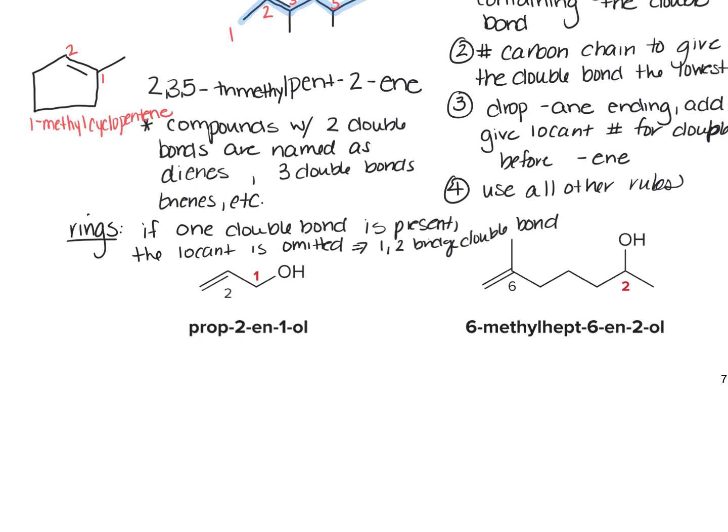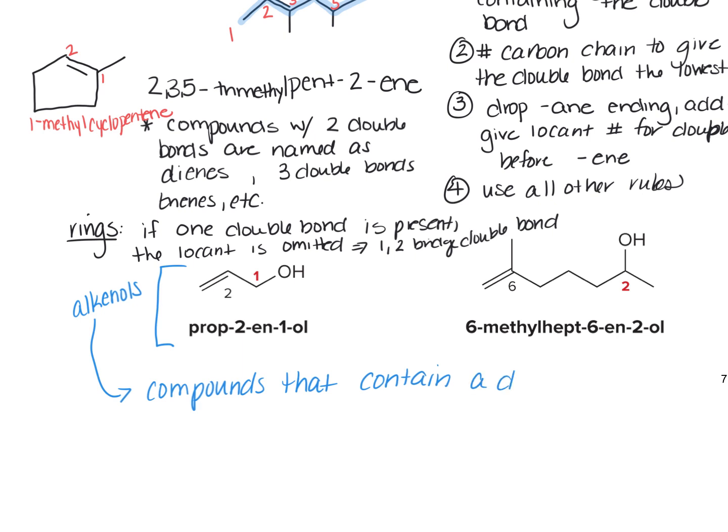Now, let's talk about naming alkenols. So these are examples of alkenols. And these are just compounds that contain a double bond and an alcohol group.